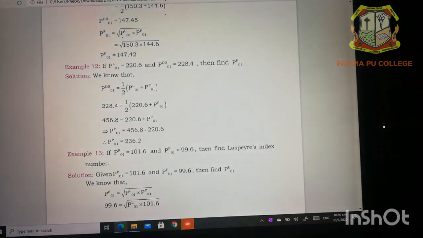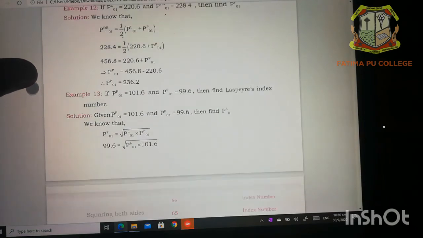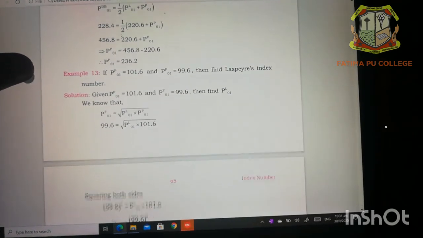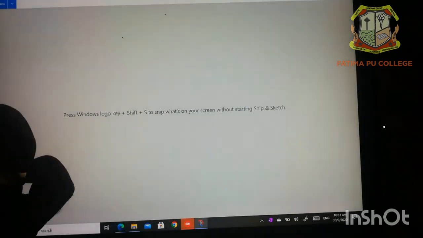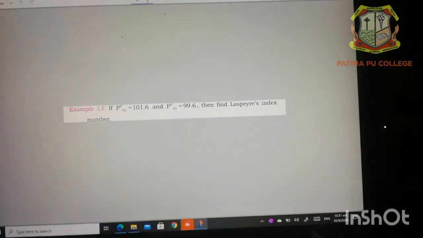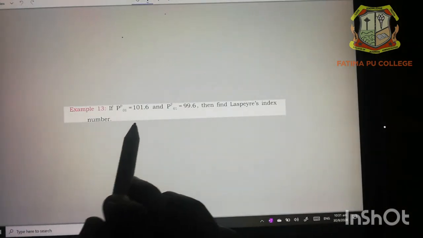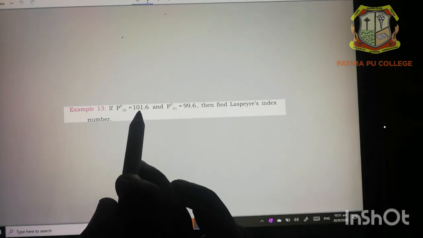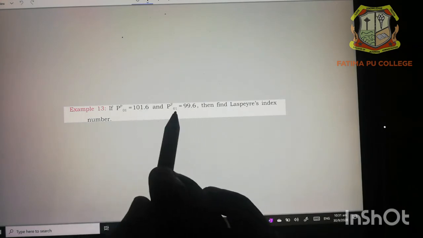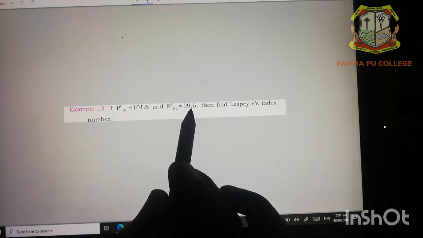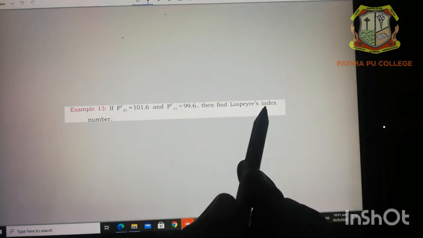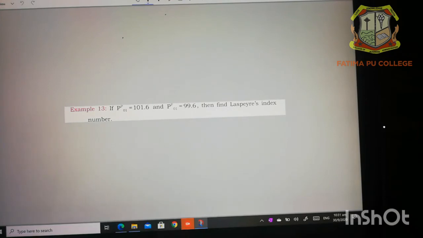So the next problem, okay, so this is the next one. If P01P is equal to 101.6, P01F, that is Fisher's index number, is 99.6, then find Laspeyres' index number.